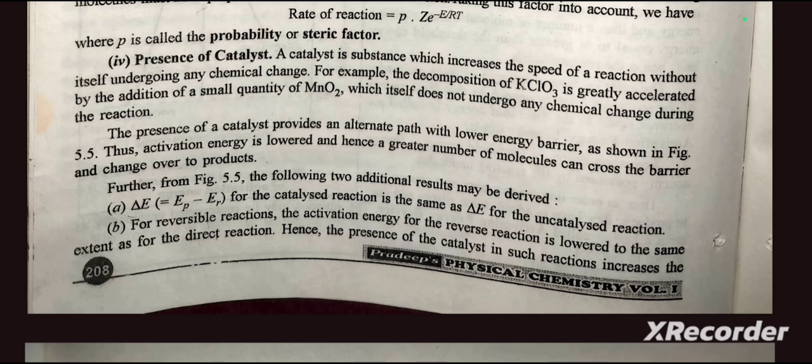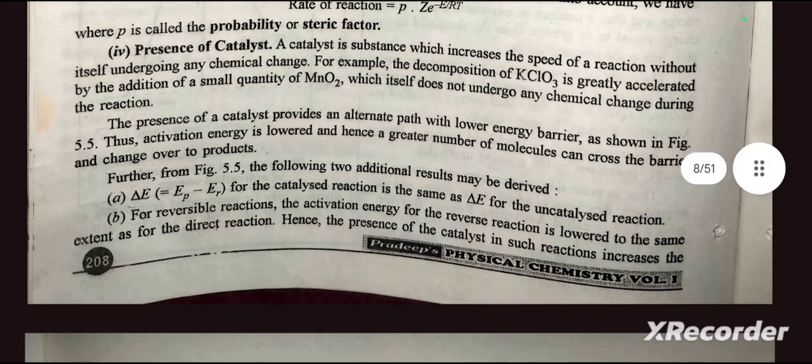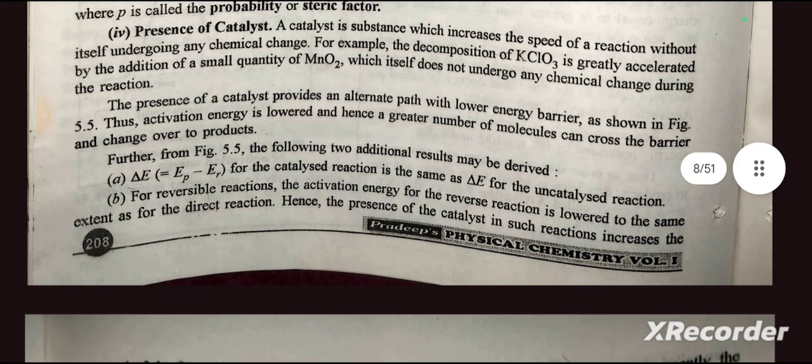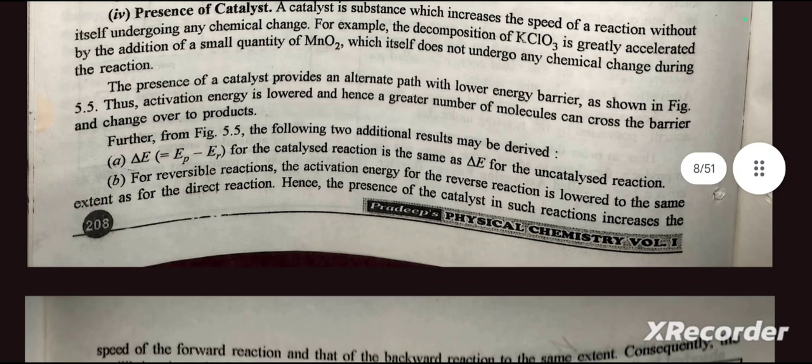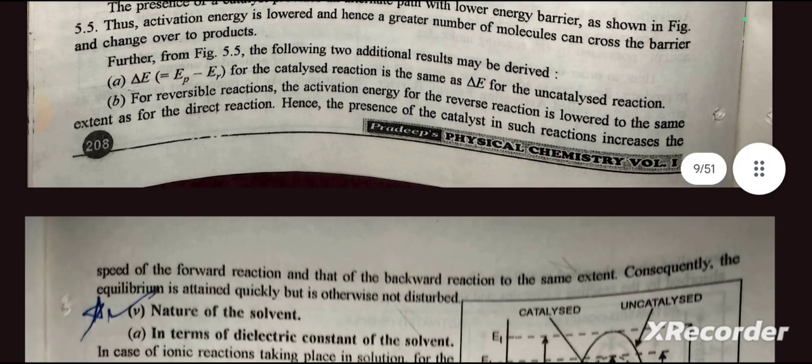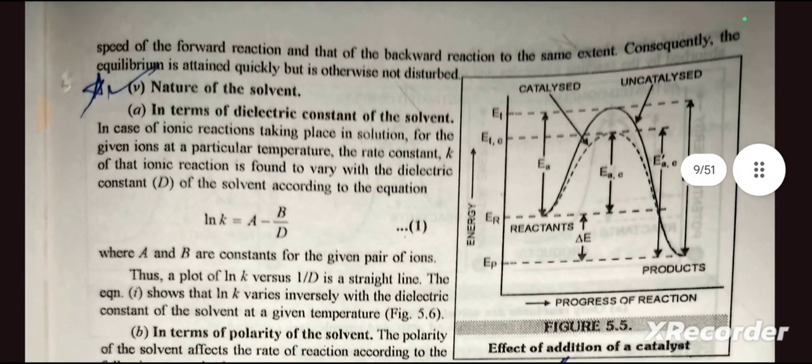Fourth, presence of catalyst. A catalyst is a substance which increases the speed of a reaction without itself undergoing any chemical change. For example, decomposition of KClO3 is greatly accelerated by the addition of a small quantity of MnO2, which itself does not undergo any chemical change during the reaction.